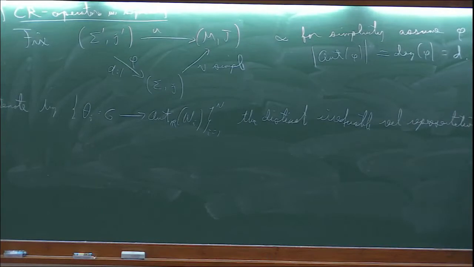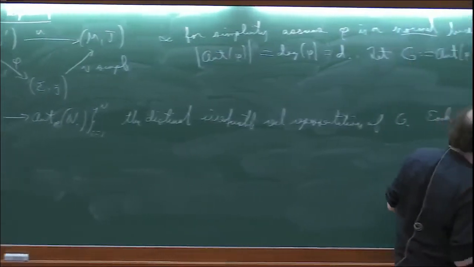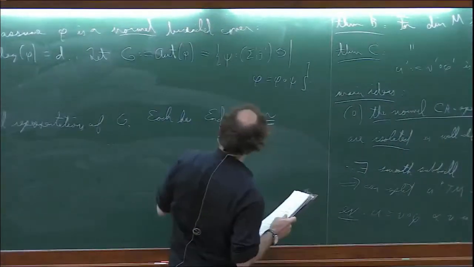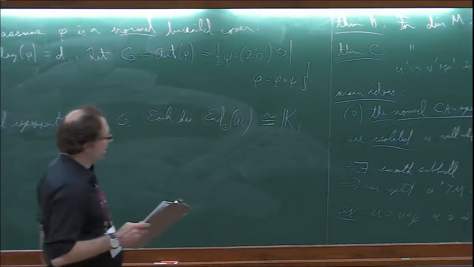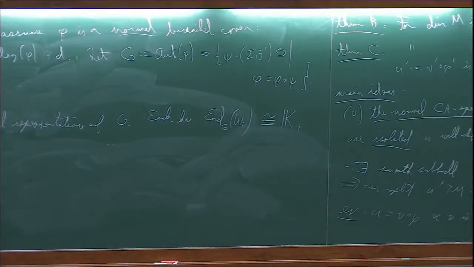Each of these representations has the G-equivariant endomorphism algebra on W_i isomorphic to what I will denote by K_i, which is going to be, in each case, either the real numbers or the complex numbers or the quaternions. So my blackboard bold H is quaternions.